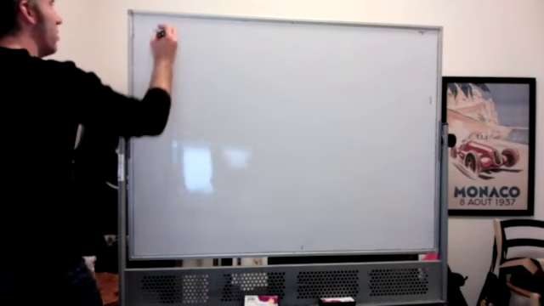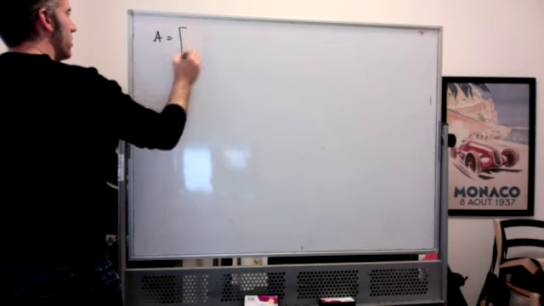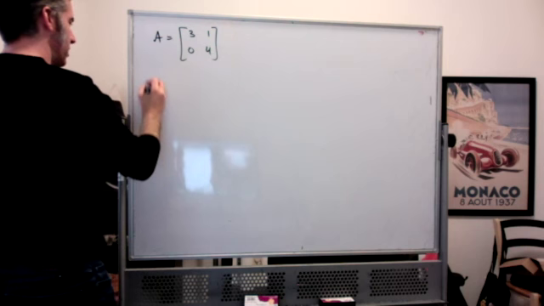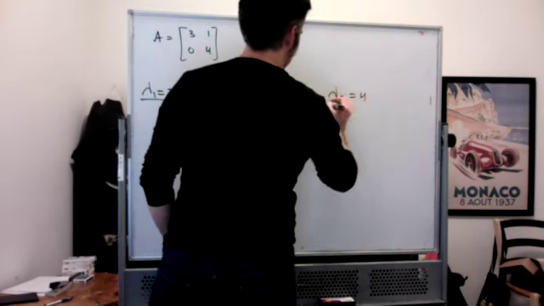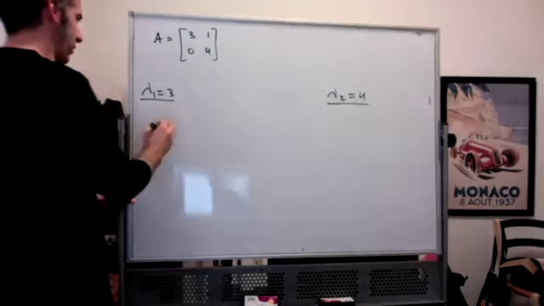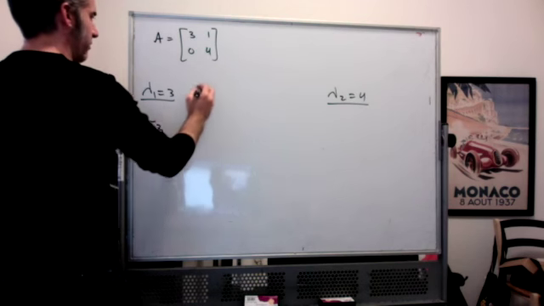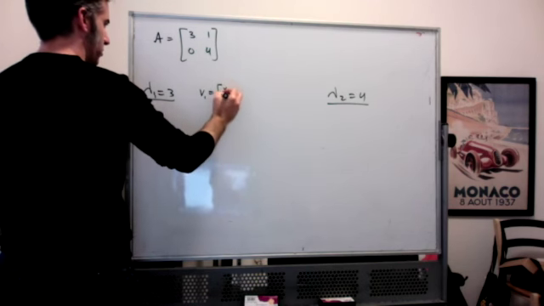So let's see, our matrix was 3, 1, 0, 4. And our eigenvalues, let's say lambda 1 is 3, and let's say lambda 2 is 4. So let's do it for 3 first. So I'm going to do A times V1.